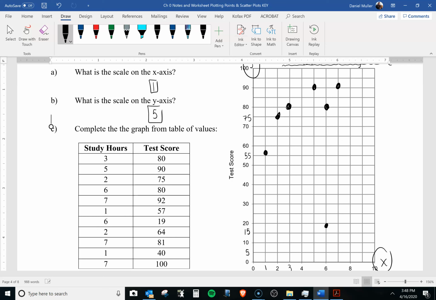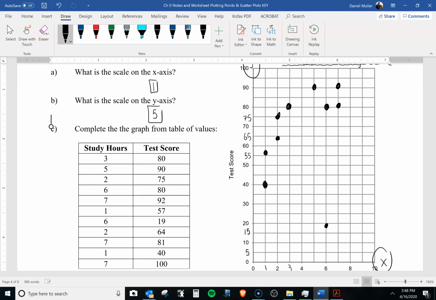Then we're at 2 hours of studying and got 64. That is 65, so 64 would be slightly below. 7 gets you up to 81. There's 80, so slightly above is 81. And this person had 1 hour studying and got 40.